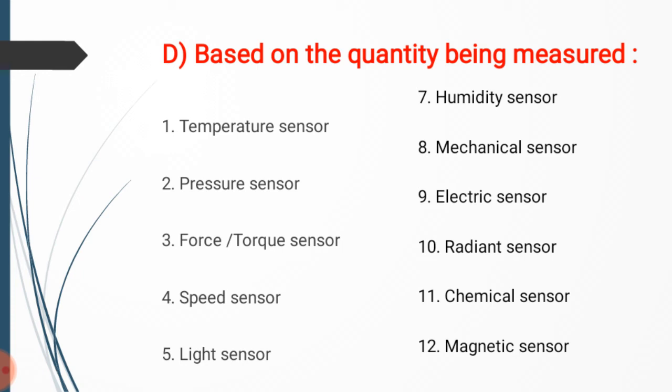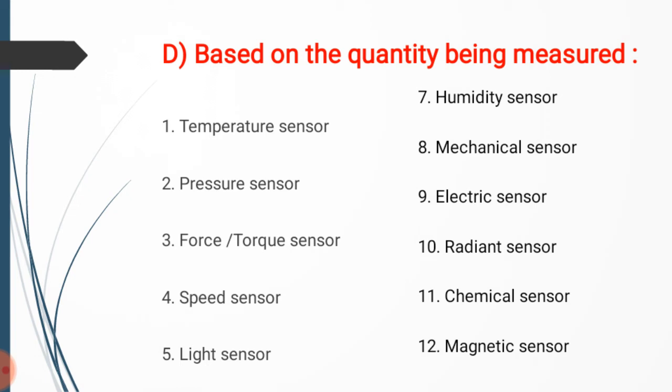Next type is the speed sensor. Speed sensors are used to measure speeds. Suppose we have to measure the speed of a vehicle going away from us. If we have a speed sensor, then we are able to measure the speed of that vehicle.